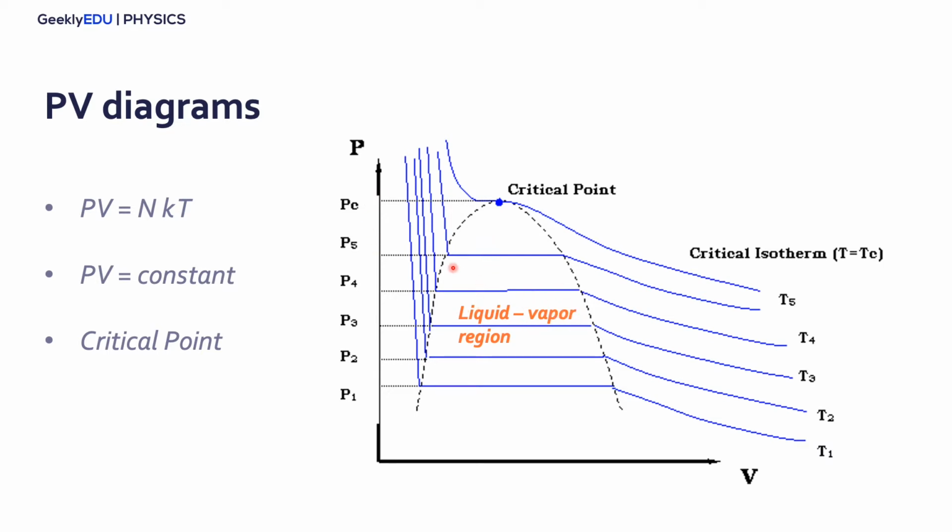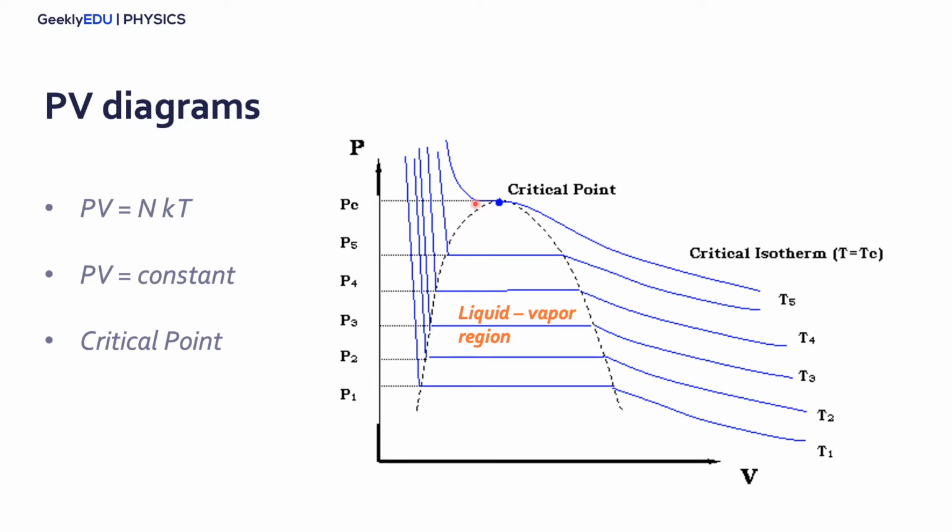Note that in this region, for the isotherms here, the pressure is constant, okay? So every time something is changing phase, the pressure is constant, and we see that the temperature is also constant, okay? So for different levels of pressure, we have different isotherms, different constant lines of temperature, right?